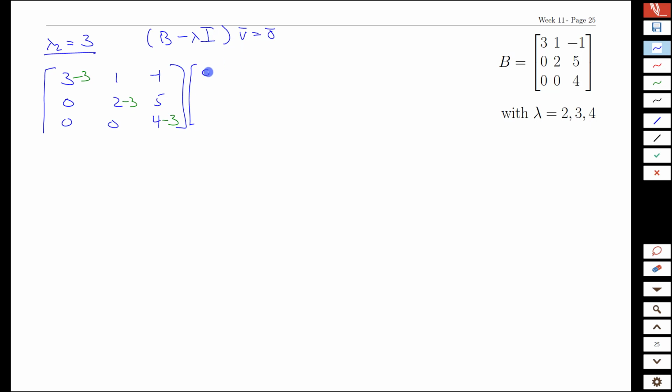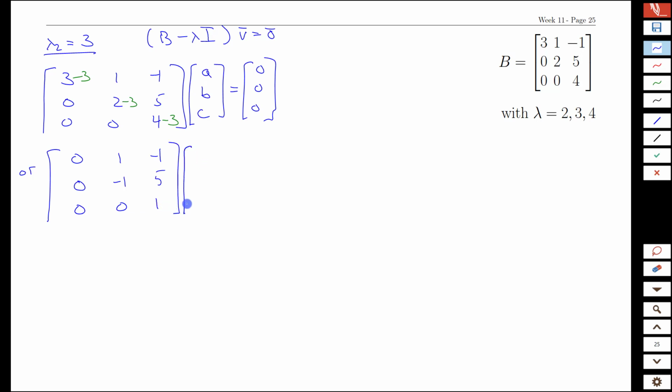Our v is some unknown vector, and we're going to give it components. And our 0 vector is just the 0 vector. Then we tidy that up. We actually express this out. We get 0, 1, negative 1, 0, negative 1, 5, 0, 0, 1 times a, b, c equals the 0 vector.